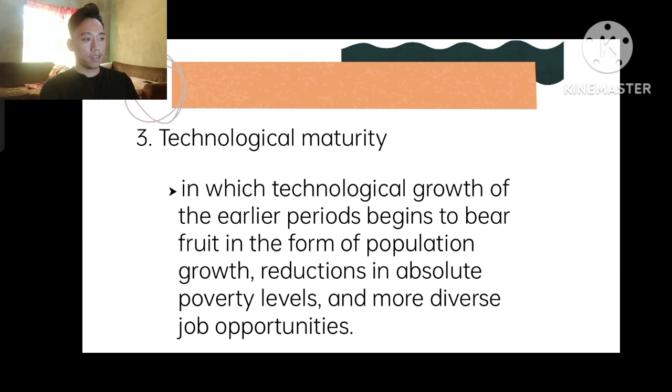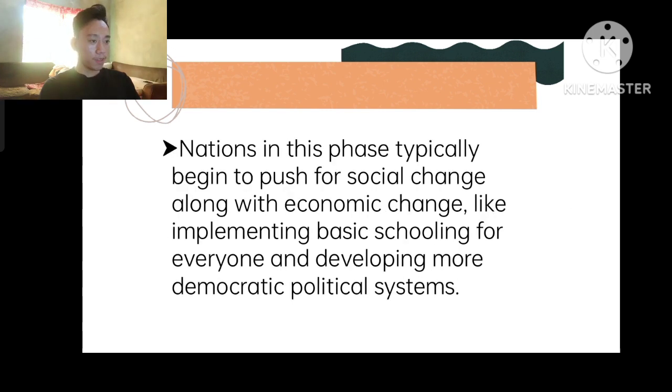So in this stage, it has been modernized. Nations in this phase typically begin to push for social change along with economic change, like implementing basic schooling for everyone and developing a more democratic political system.